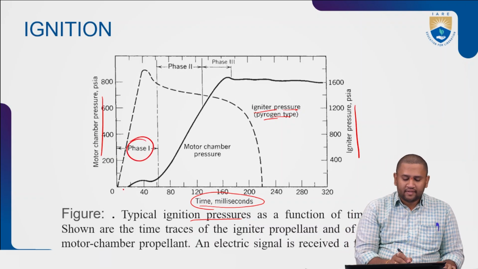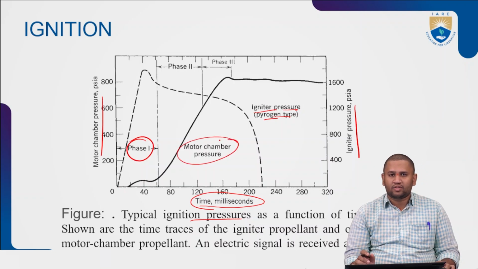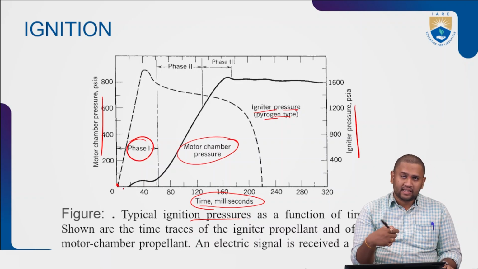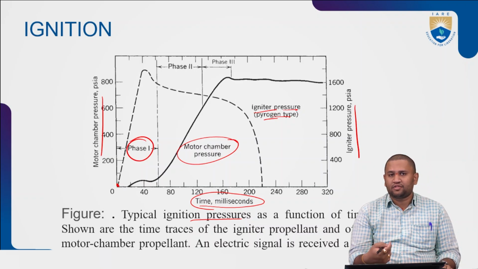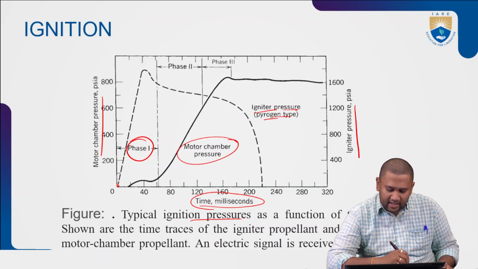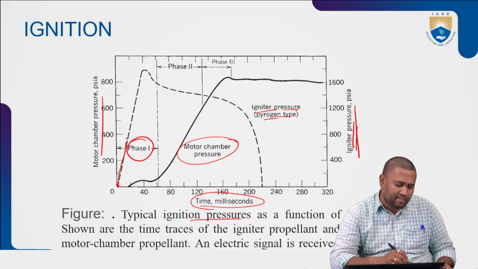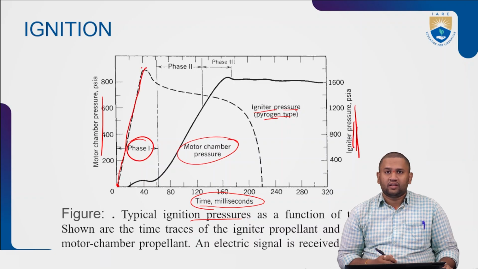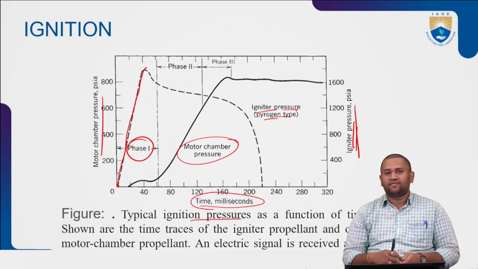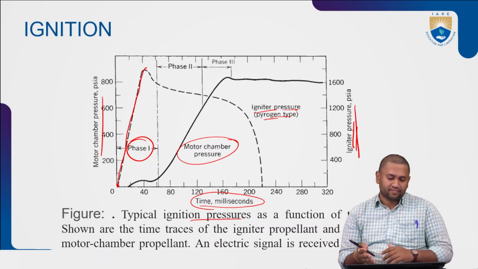There will be no motor chamber pressure inside the rocket motor, but as soon as the signal gets initiated, let's say I am giving a signal to start my engine, the pyrotechnic igniter pressure will rise rapidly, right, to a point where it will explode itself, creating the required environment for starting my motor, right?